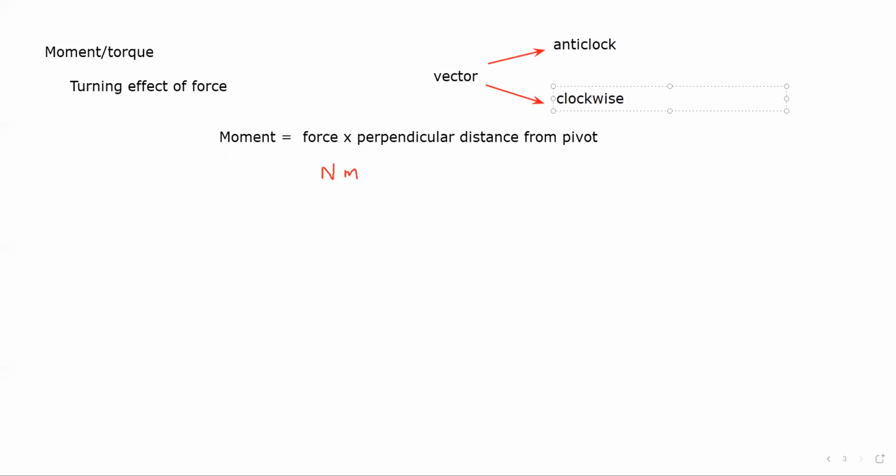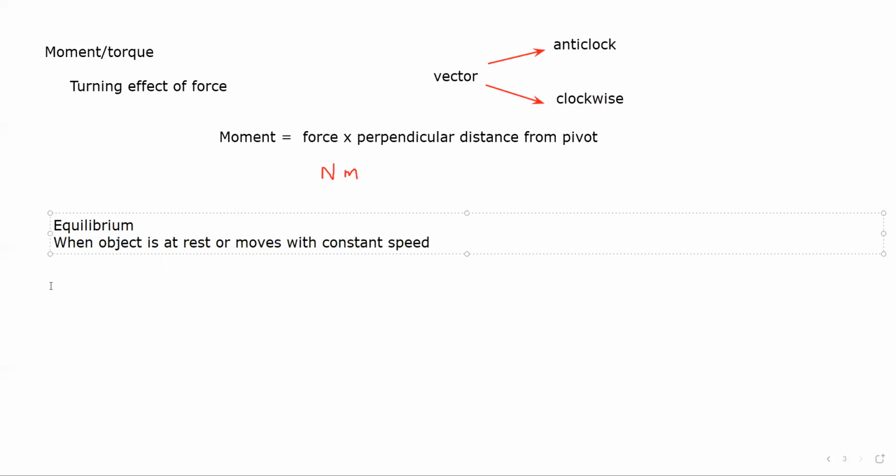And we define a term, equilibrium, when there is a turning effect. The term equilibrium means when an object is at rest or moves with constant speed, we say that the object is in equilibrium.